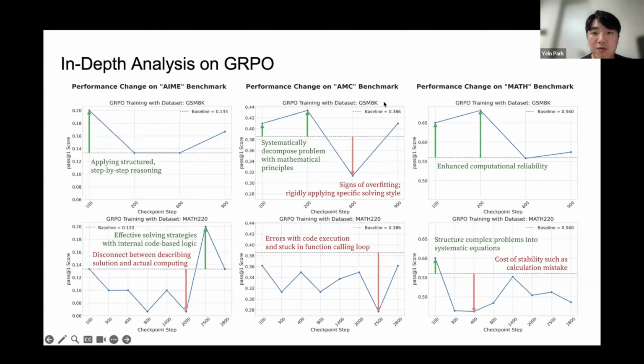And also for the AIME benchmark, GRPO training with GSM8K introduced some systematically decomposed problems with mathematical principles, but it also shows some signs of overfitting, like rigidly applying only specific solving styles, which decreases its performance.